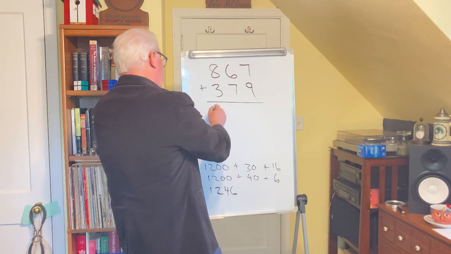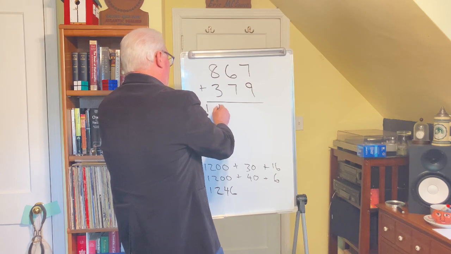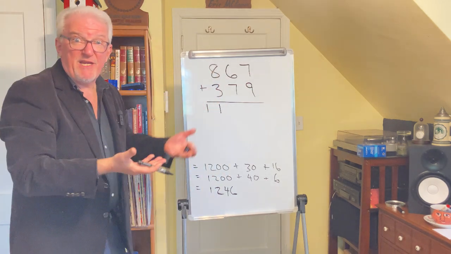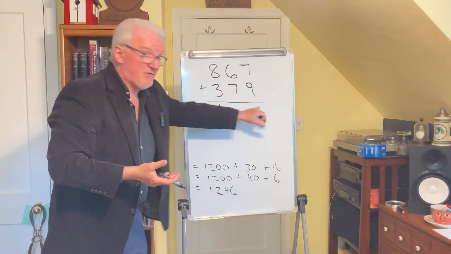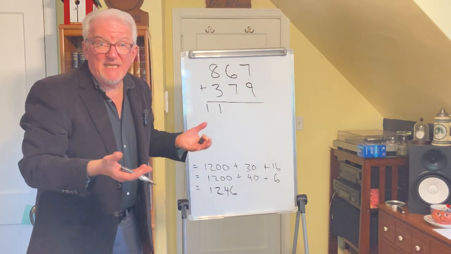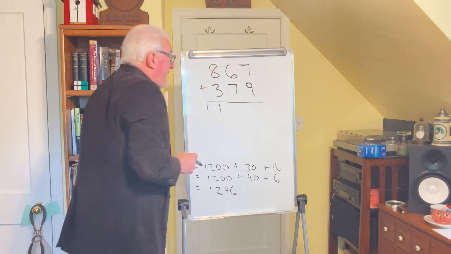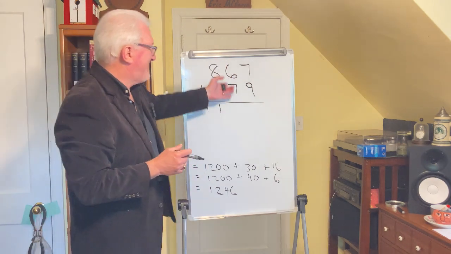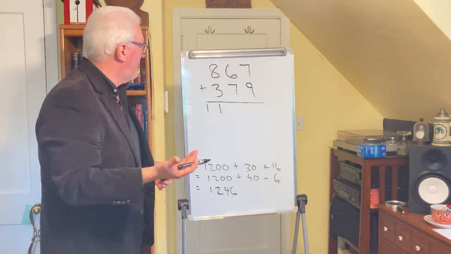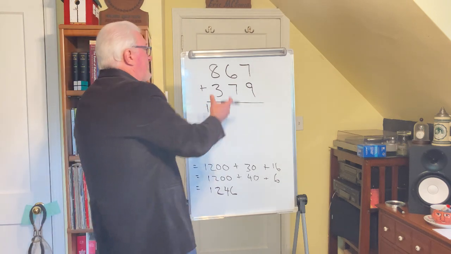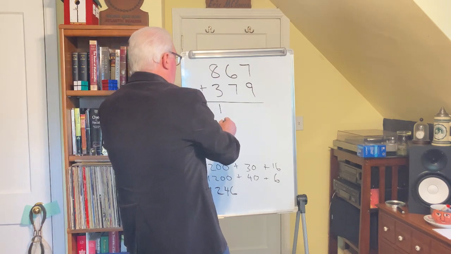So 8 and 3 is 11. Now, really what we've done is we've added 800 and 300 and gotten 1100. The other two zeros are sitting there, but we don't really need to write them down. The 6 and 7 added together, well, that's really a 60 and a 70, giving us 130. Minding the columns, let's see, 130.